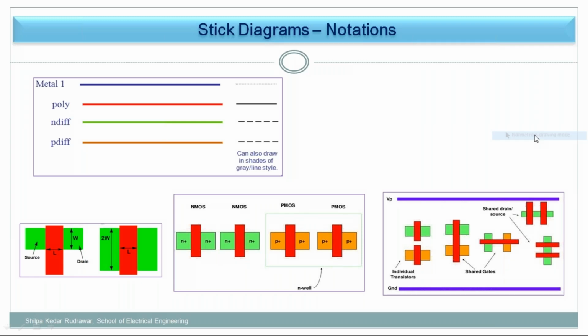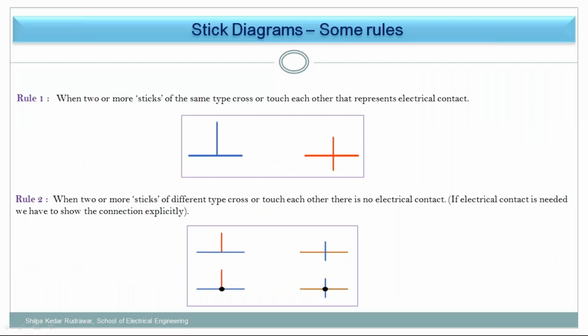Now the rules for this, very important. How will you understand whether a transistor is drawn or different connections are drawn? First rule: there is this metal color, metal one, shown by blue, and this is some polysilicon material, but I am not calling it a gate because that material is not always used as a gate.